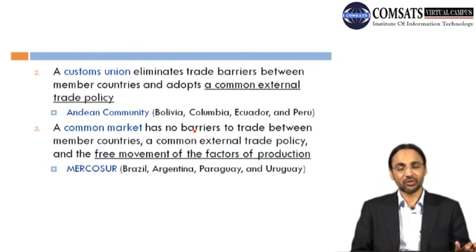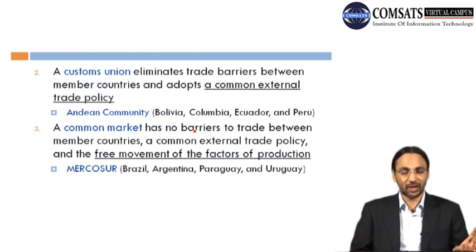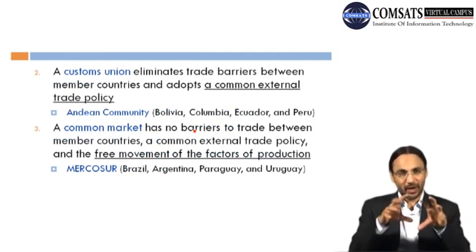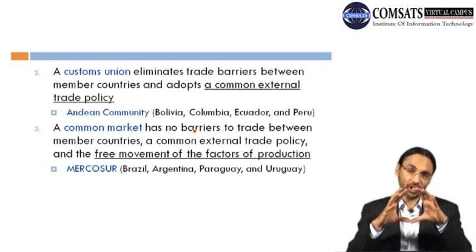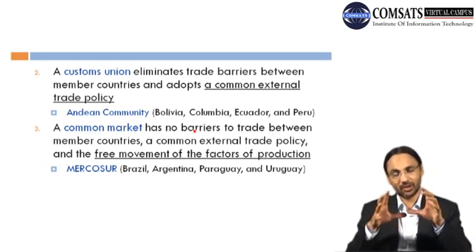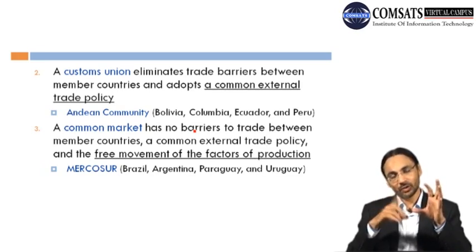The next level is the customs union. A customs union also doesn't have trade barriers, like a free trade area, between the member countries, but the additional thing a customs union offers is a common external trade policy. Despite having no trade barriers between each other, like the example of the EU, they have a common external trade policy.